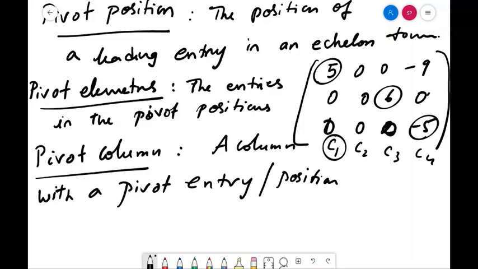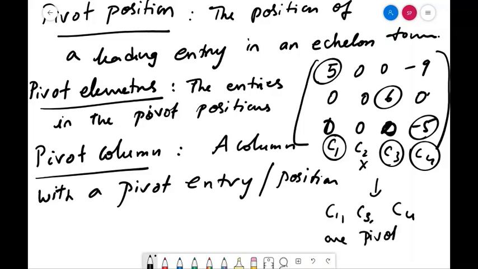Second column does not have a pivot element or pivot position, so it is not a pivot column. Third column has a pivot element or entry here, so this is a pivot column. Fourth column is also a pivot column. So in this matrix I have C1, C3, C4 as pivot columns. So we have learned now pivot position, pivot elements and pivot columns.